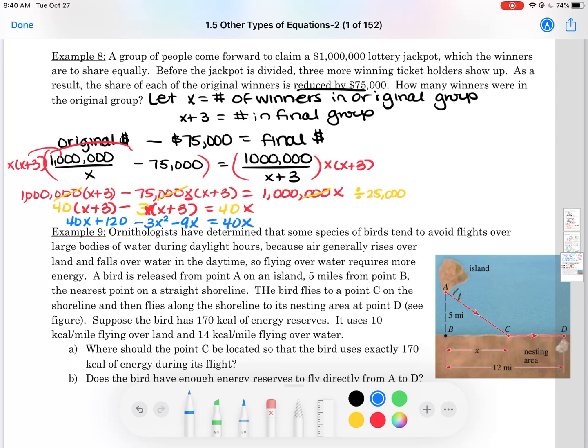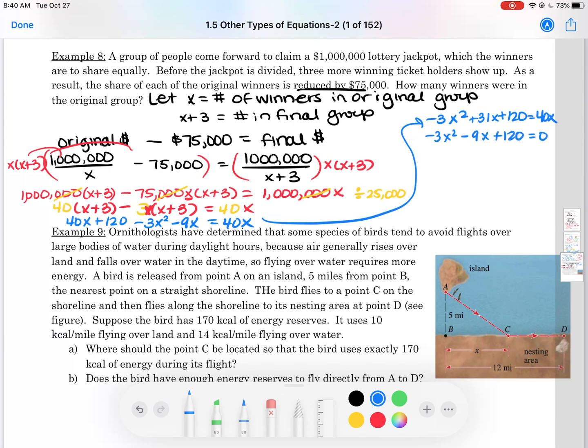Okay, so we've got a negative 3x squared. The 40 minus the 9 is going to give us 31x. Plus 120 is going to equal 40x, and we'll subtract that 40x from both sides.